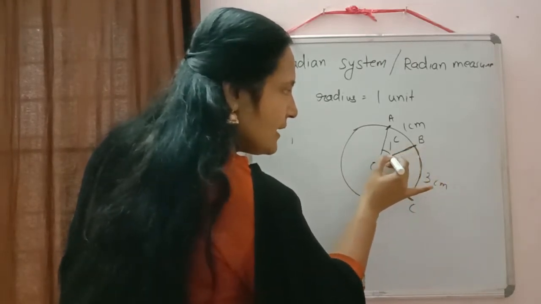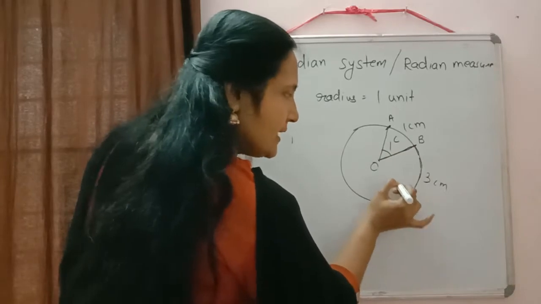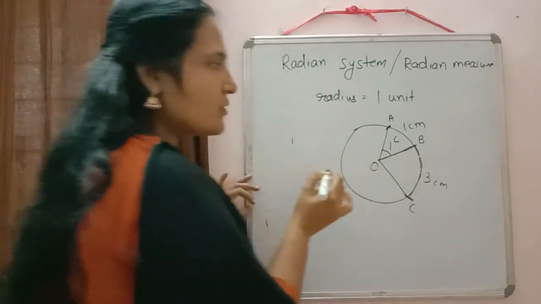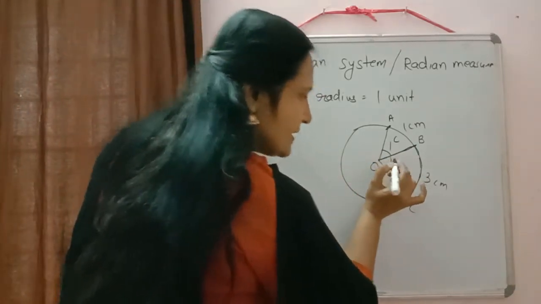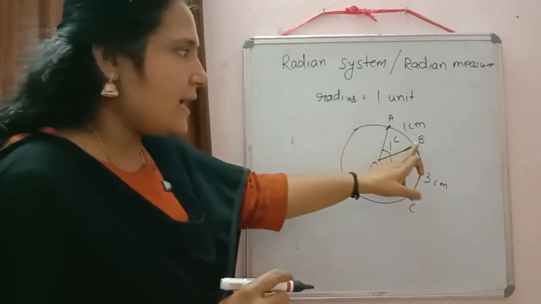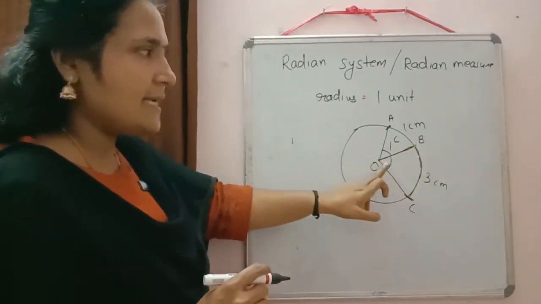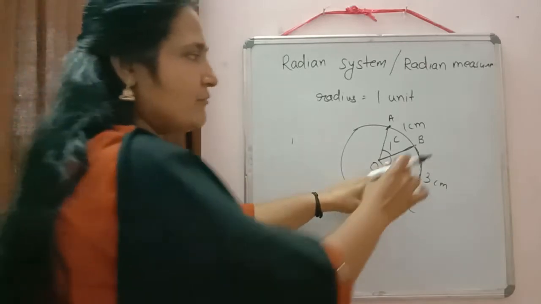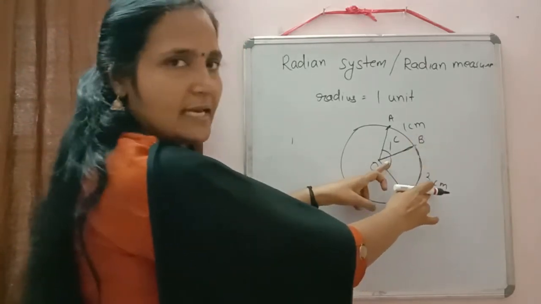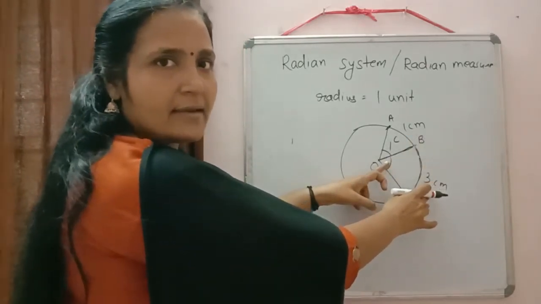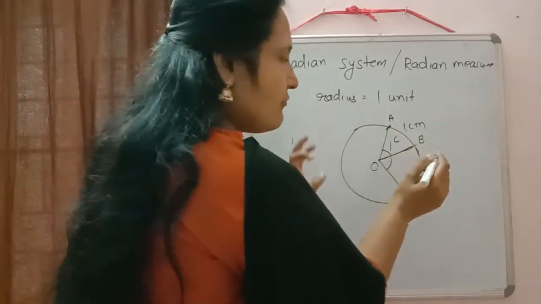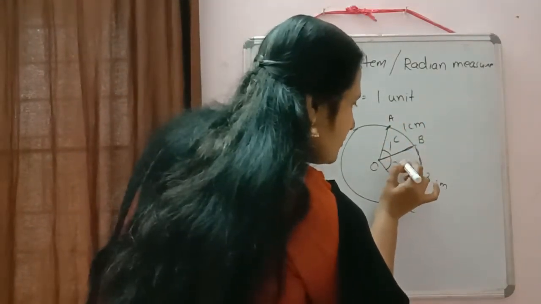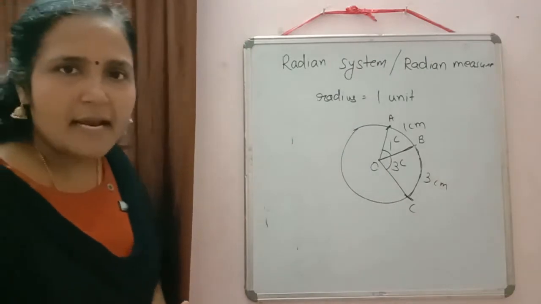So already B and O are joined. I am joining C and O also. So angle BOC. This is the angle which is made by the arc BC at the center. And what is the length of the arc BC? 3 centimeter. Correct? So according to the definition of 1 radian, this measurement will be equal to 3 radian.